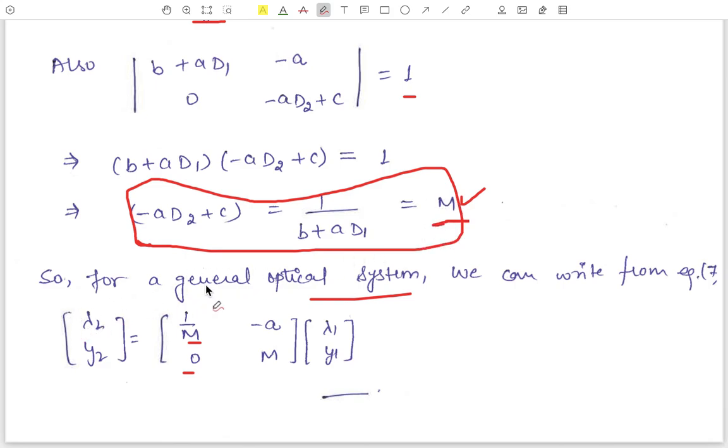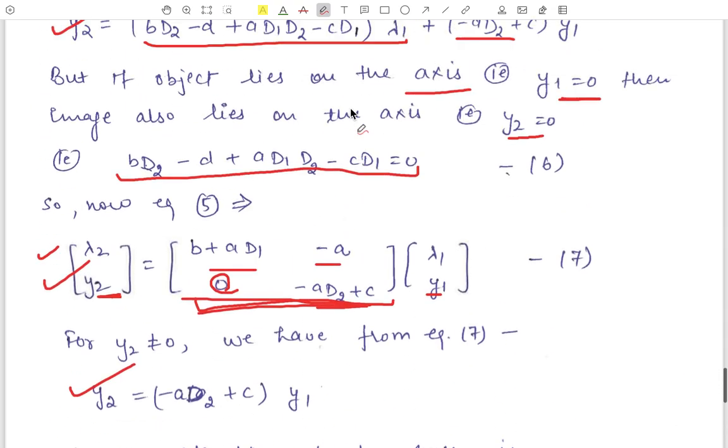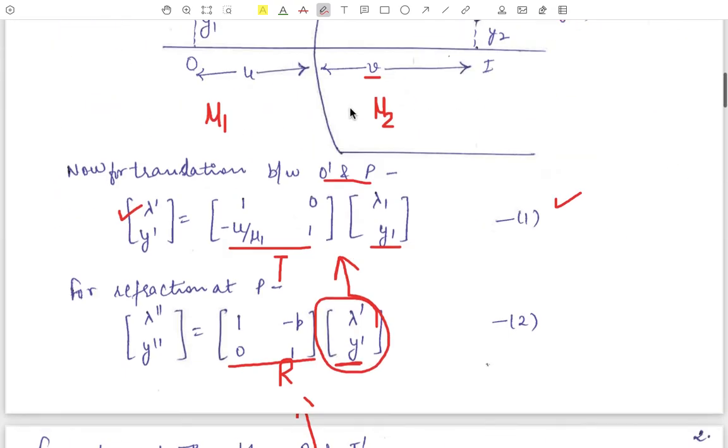Therefore for the general optical system, lambda 2 y2 is equal to the matrix 1 upon m, minus A, 0, m, into the matrix lambda 1 y1. So this is it about the optical system and its magnification, and for a spherical refracting surface and its magnification.